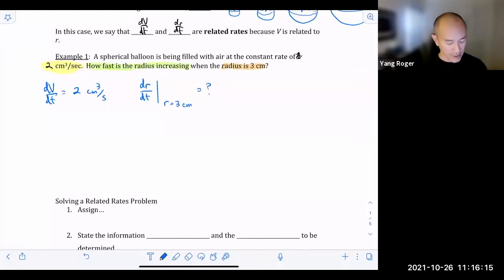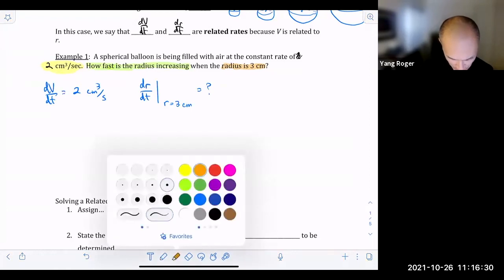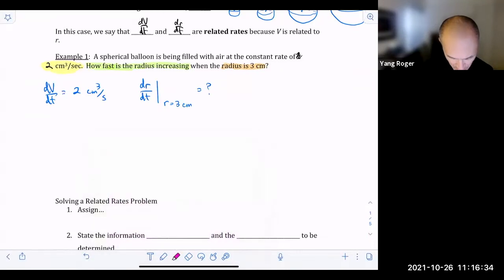And this is what we're looking for. So I've read the question. There's one piece of information that I haven't used yet. I haven't used the fact that they gave me a sphere. So this is a spherical balloon. That's going to be important for us in a moment.